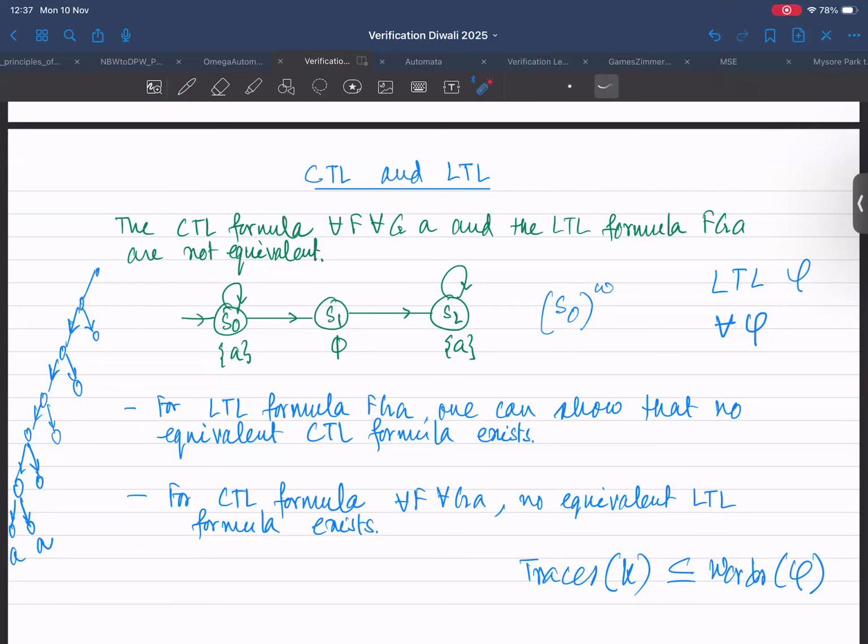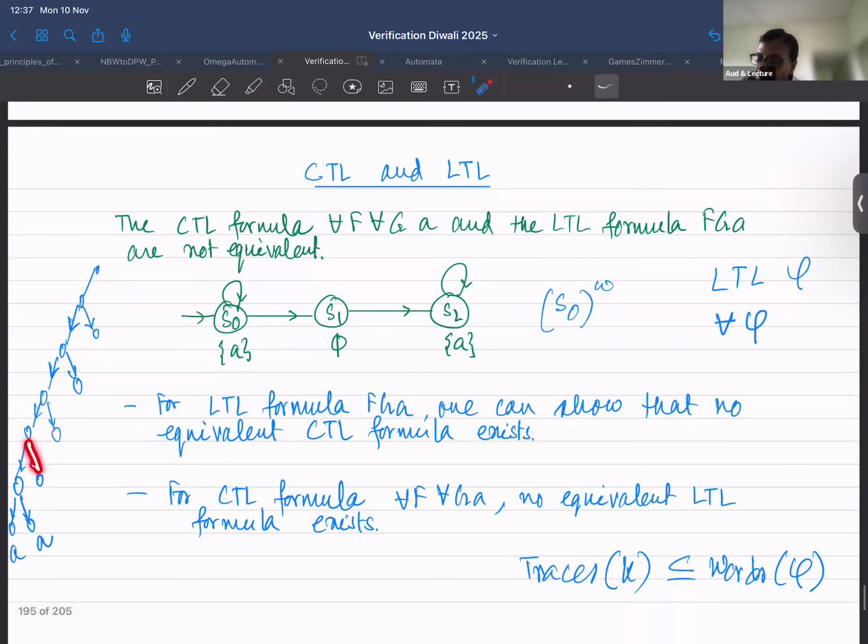So you actually probe the features that you can see across all the different branching evolutions at different points in time, and what properties you can see even if you are branching at these different points.